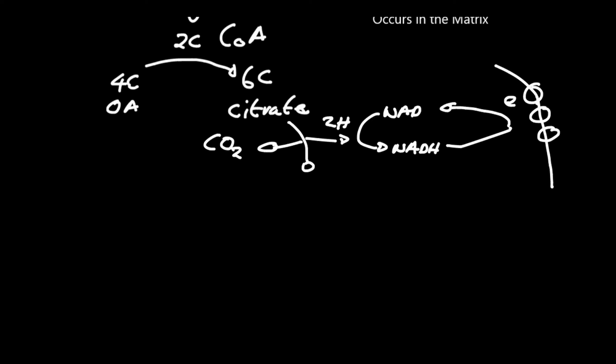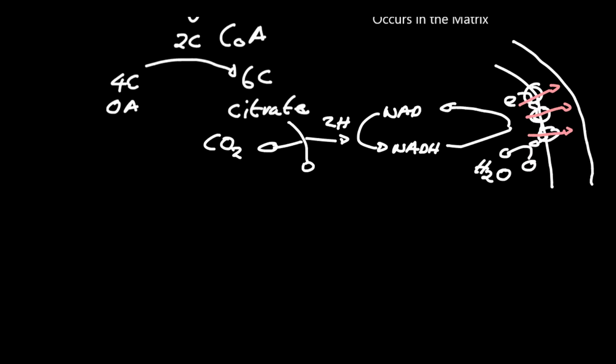The electrons from the NADH go down the chain of carriers on the inner mitochondrial membrane, join with oxygen and hydrogen to produce water. The role of oxygen is as the final electron acceptor in the electron transport chain. Now, the movement of those electrons cause protons to be moved across the membrane from the matrix into the intermembrane space.